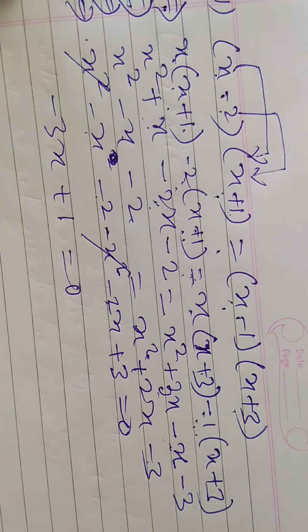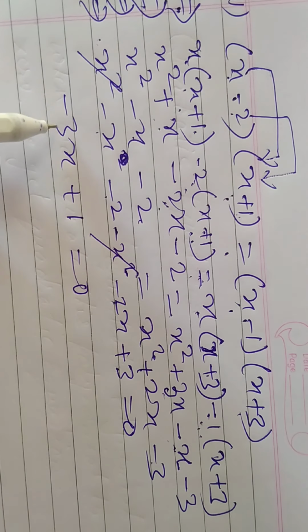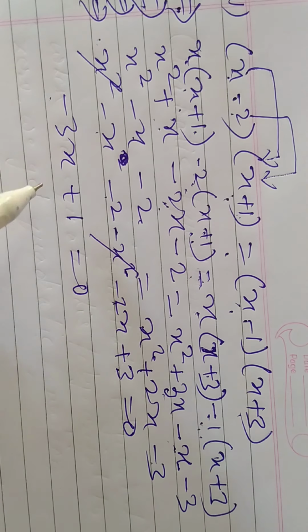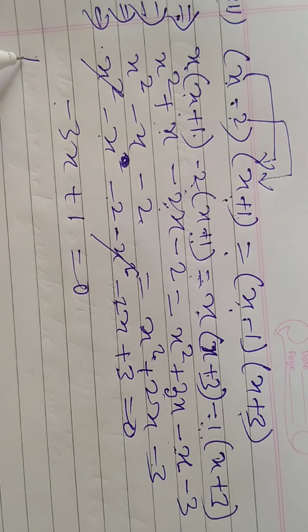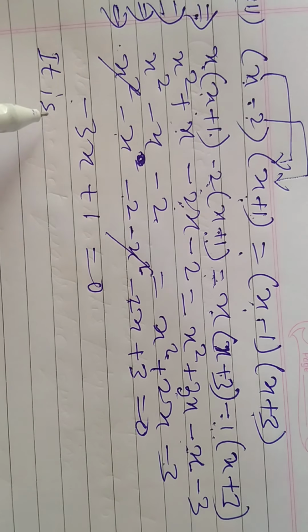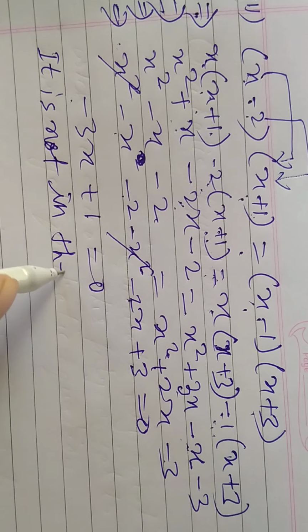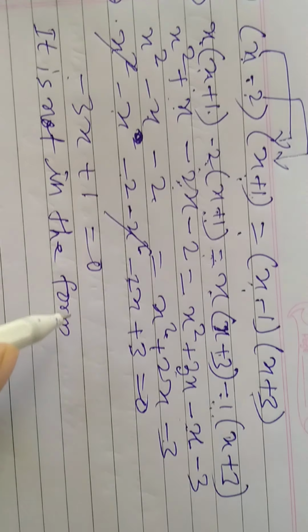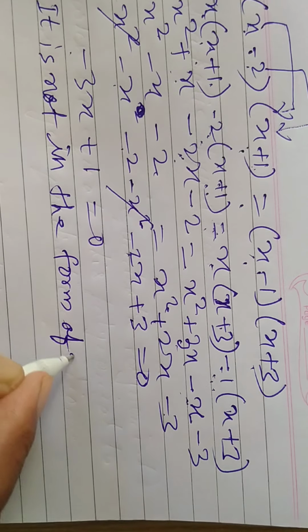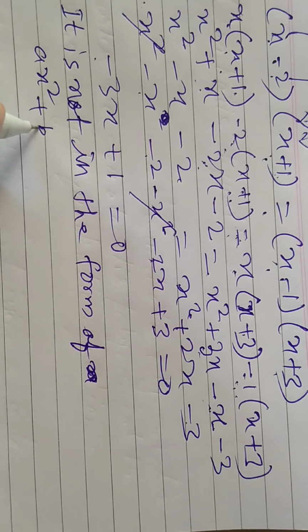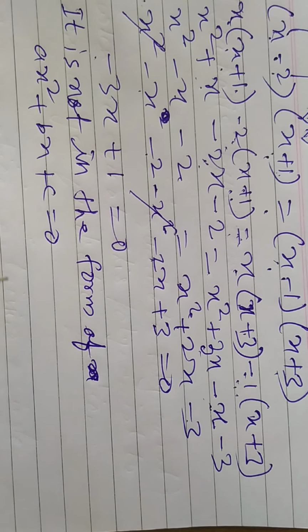What do we see? There is no square. So this is not a quadratic equation. This is not in the form of ax² + bx + c = 0. So we can write here, it is not in the form of ax² + bx + c = 0.